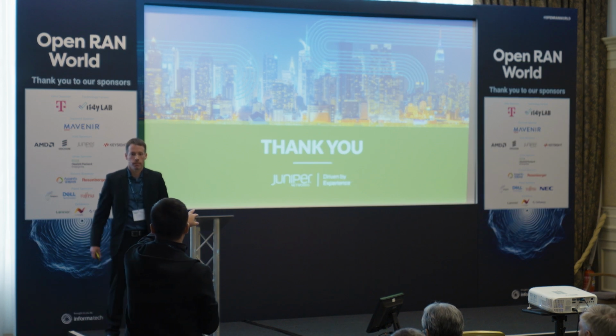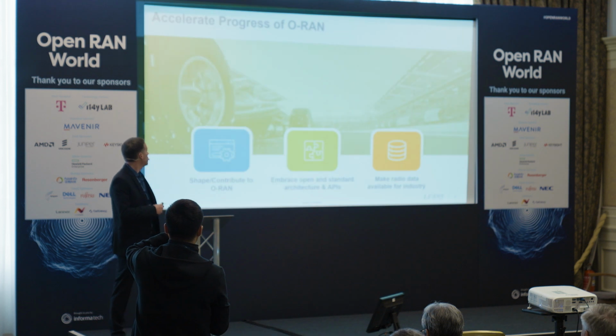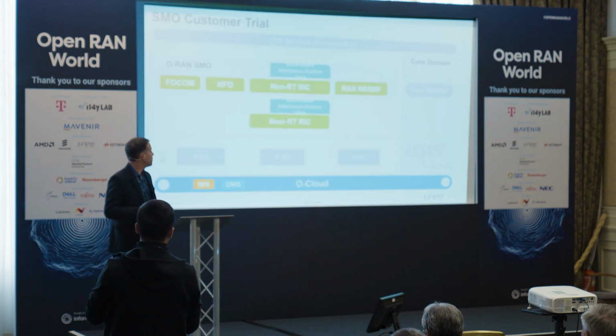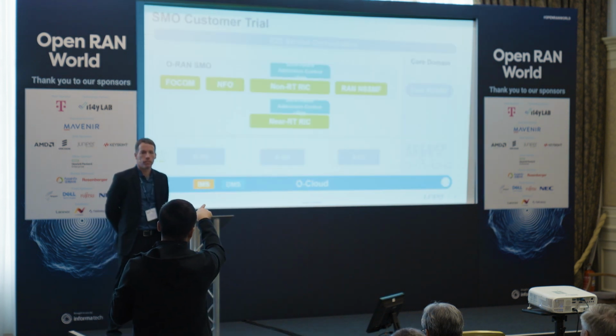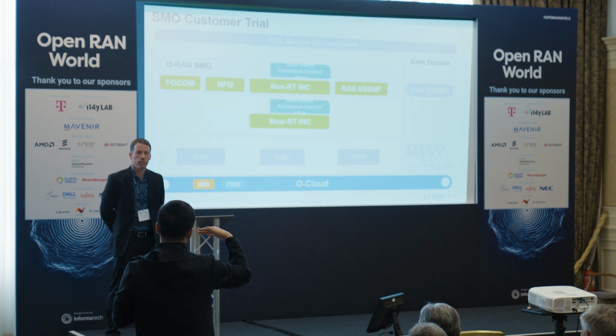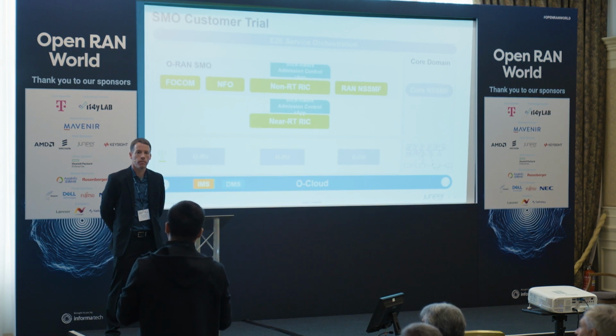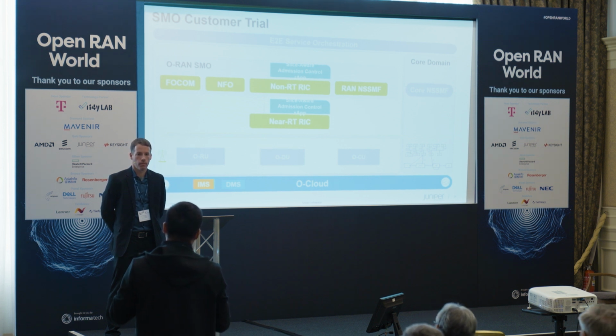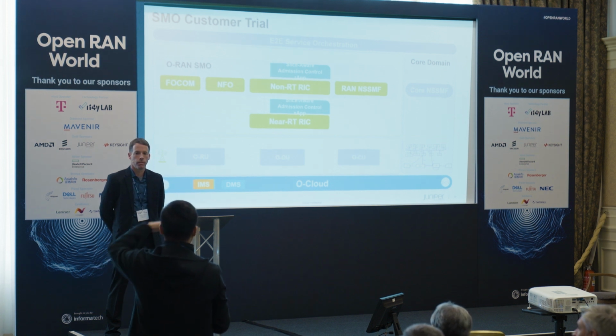Can you please go to the SMO slide? Over here, you address the NSSMF for the RAN and also for the 5GC NSSMF. In their northbound, there are two different network entities, the NSMF and the CSMF. Are you going to place them as part of the SMO in the future, or take them out of the scope of the SMO?